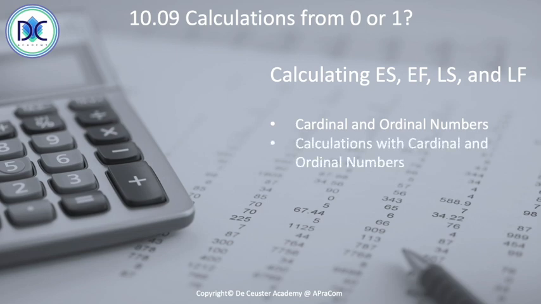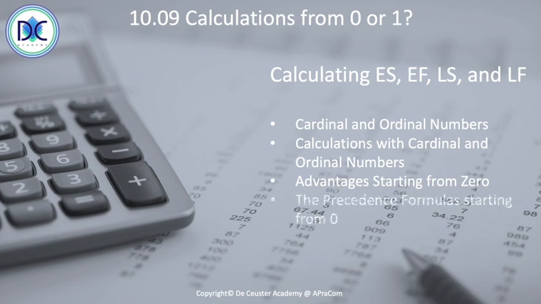Then we look at the calculations with those numbers, and we find the formulas for the calculations starting from 0 or starting from 1. There are some advantages when we start from 0, and we also look at the precedence formulas starting from 0 and the precedence formulas starting from 1.